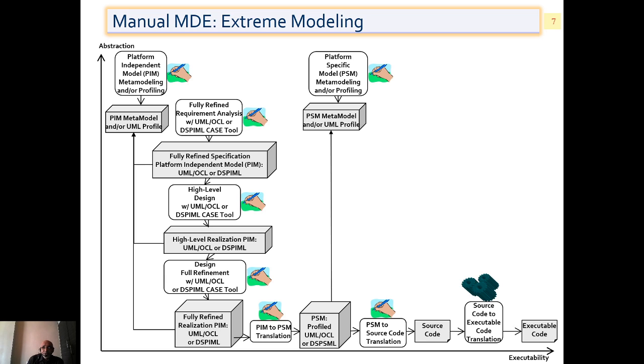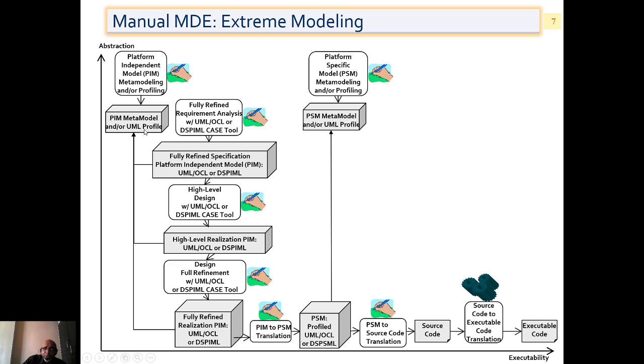So you have to migrate it to the executable code. Next is abstraction versus executability scenario with PIM, PSM. Right. The earlier diagram was about the SDLC cycle, previous example. Here it is with the PIM, PSMs. You have got PIM meta modeling and profiling.